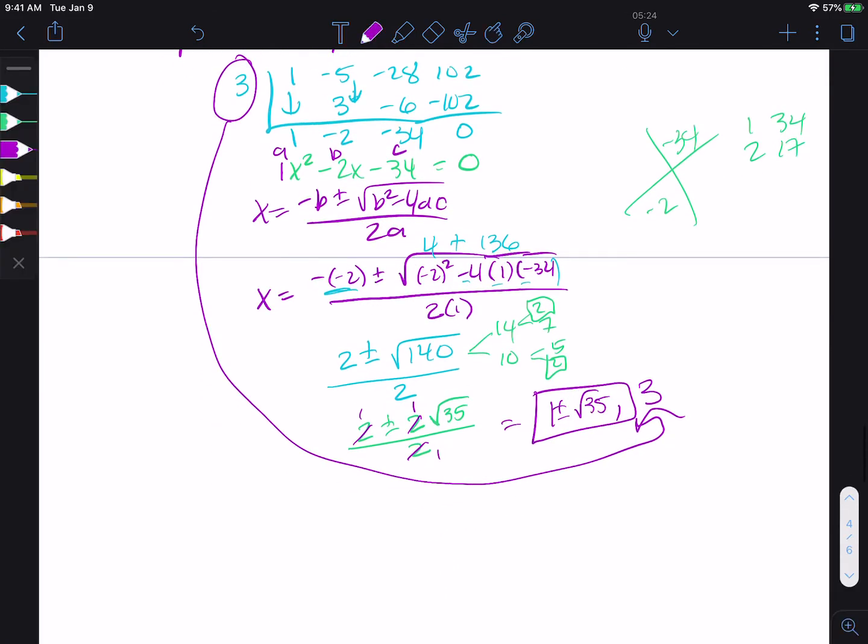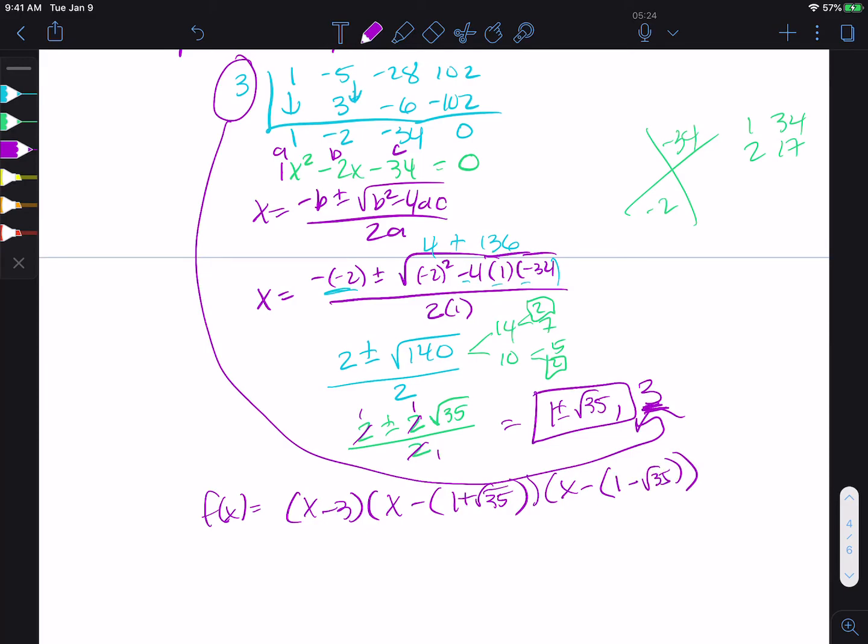So now if we wanted to write this in factored form, we could write our polynomial as f of x equals x, remember we changed the sign here, so minus 3. And then we can do the same thing with this one. So x minus 1 plus root 35. And then x minus 1 minus root 35.